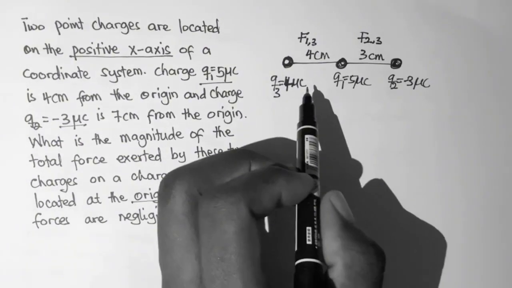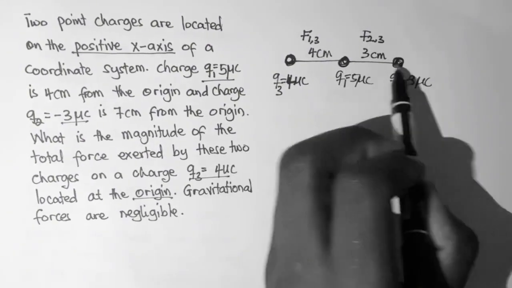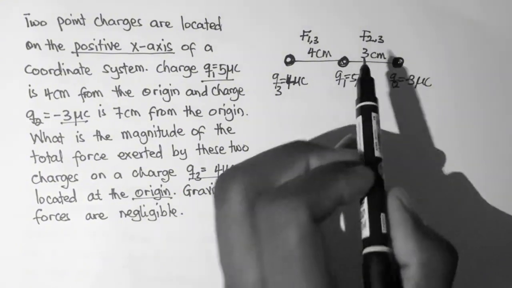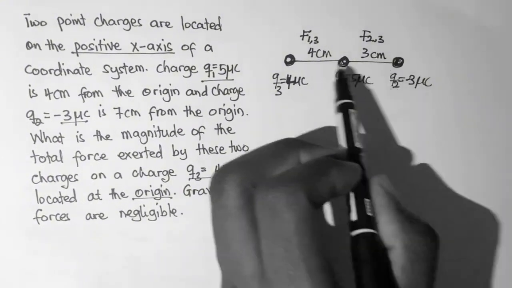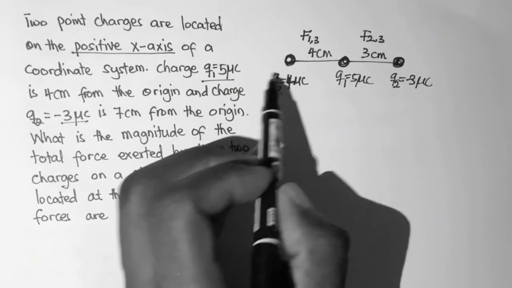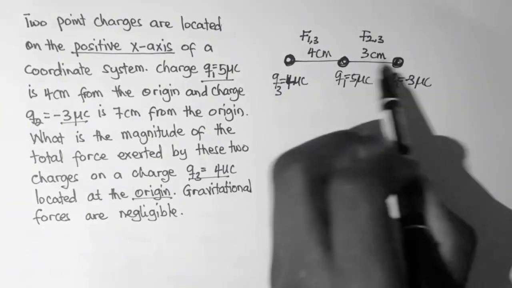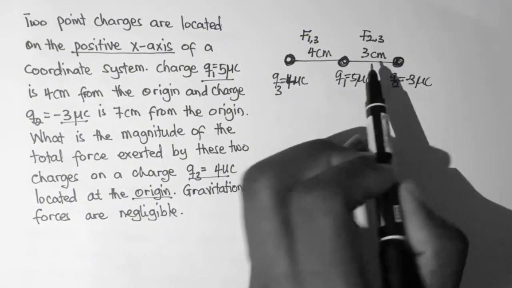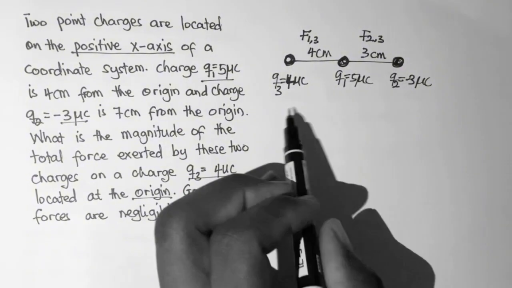But from the question, the reason why we will not consider the force F12 between these two charges is that the question only said we should find the forces that these two charges exert on this third charge. So the question didn't ask for this force, and that's why we are not concerning ourselves with that force.